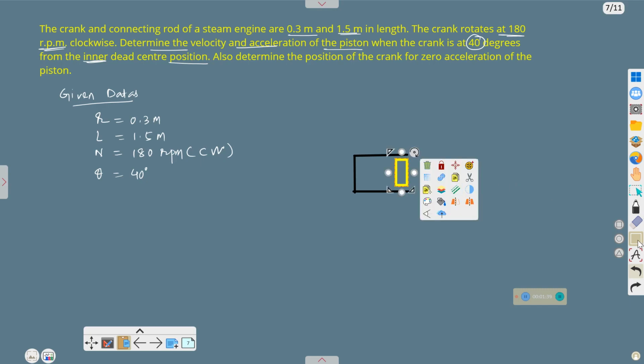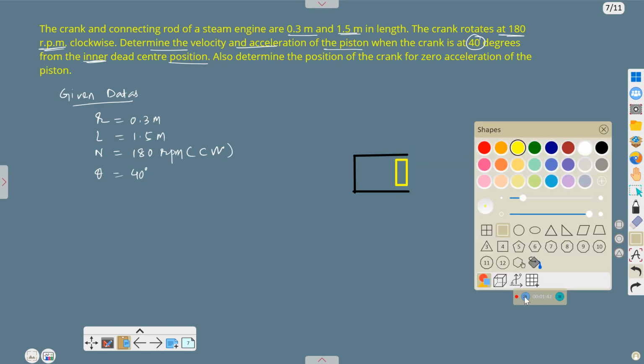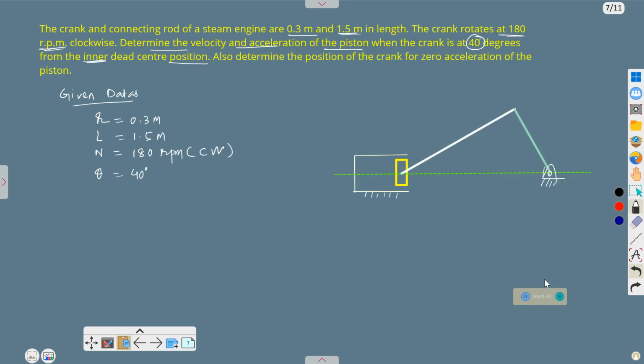This is the piston. Okay, so in this diagram, this length is given to us as L and this is the R. So these two data are given to us, and this is the crank angle, that is theta.